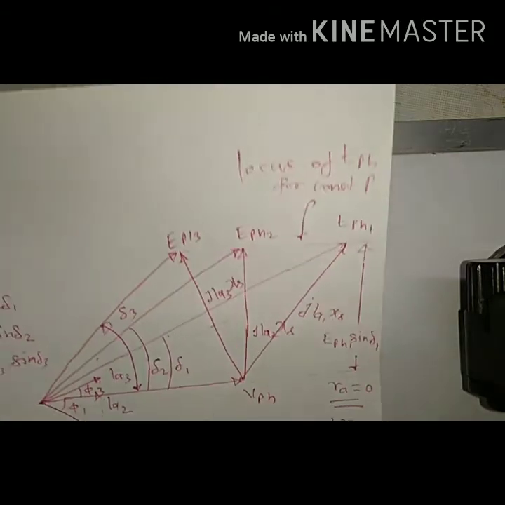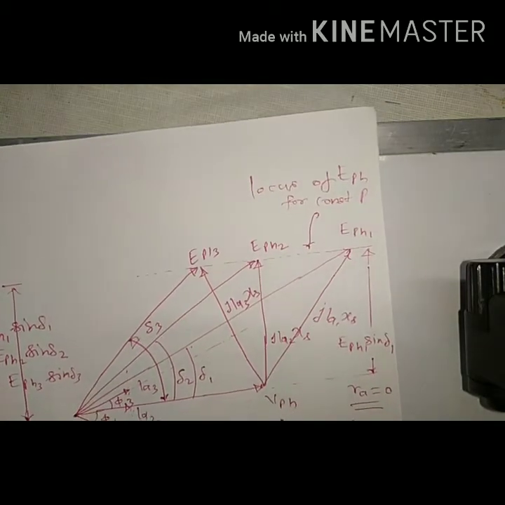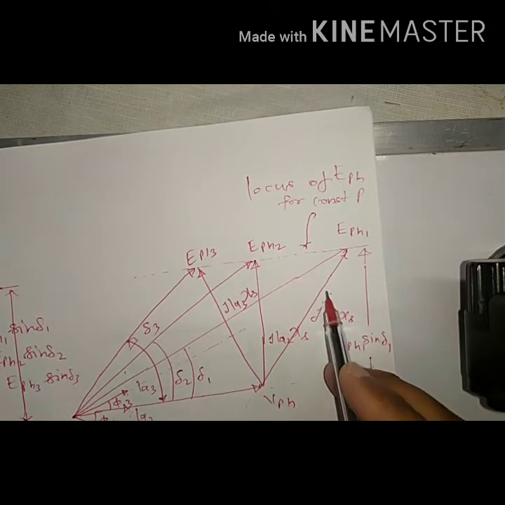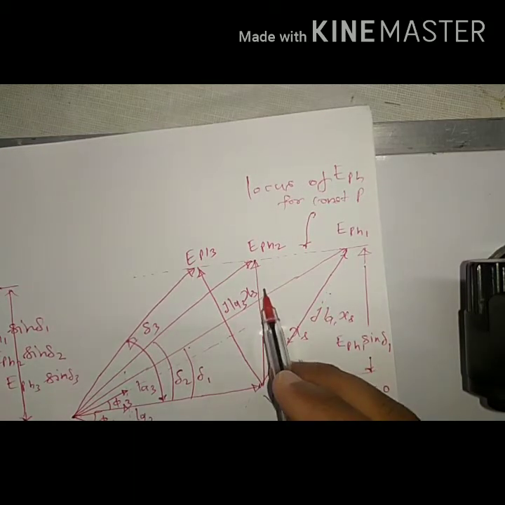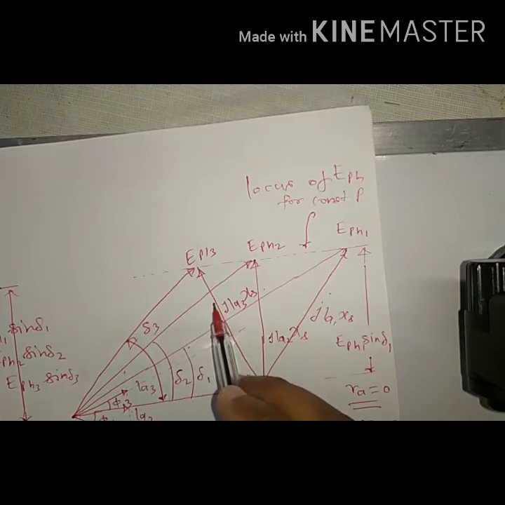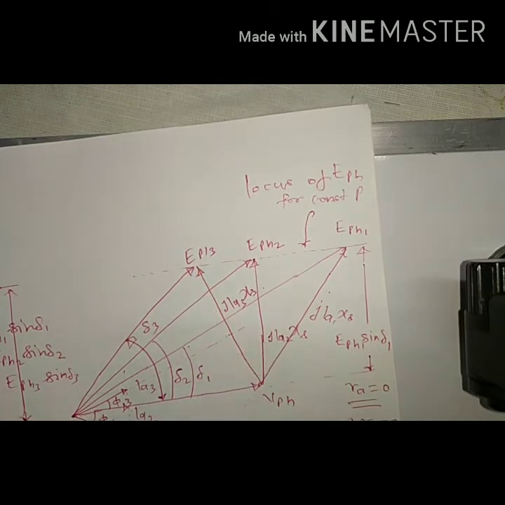So in this case we have again 3 operating zones. This is when lagging power factor, this is when unity power factor, and this is when leading power factor.